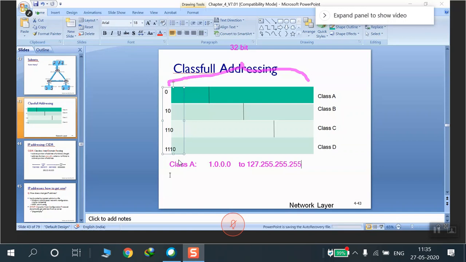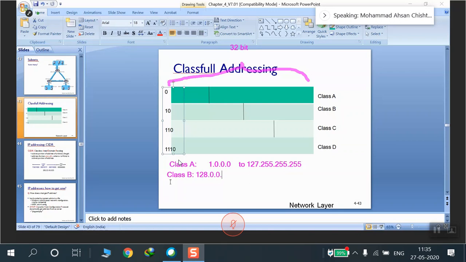We would have class B starting from 128, since class A ends at 127, so add one more to it: 128.0.0.0 to 191.255.255.255.